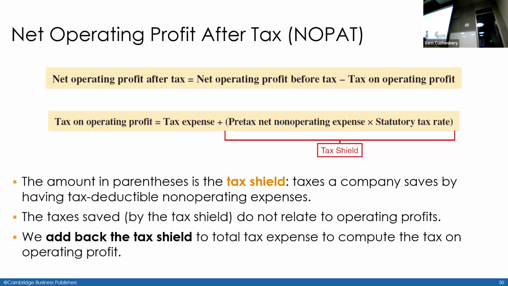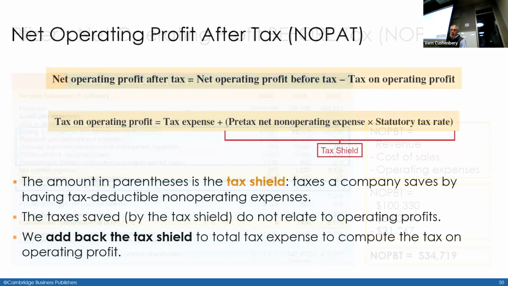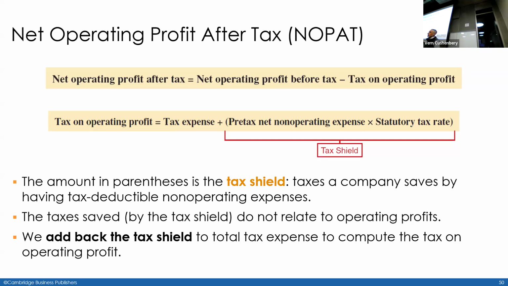The pre-tax net non-operating expense was everything not in the blue box. If you take everything not in the blue box, you're really only left with interest expense. For most of what we're working on, that's going to be predominantly interest expense. But our authors recognize that there are certain circumstances where something more than interest expense will fall into that non-operating category.